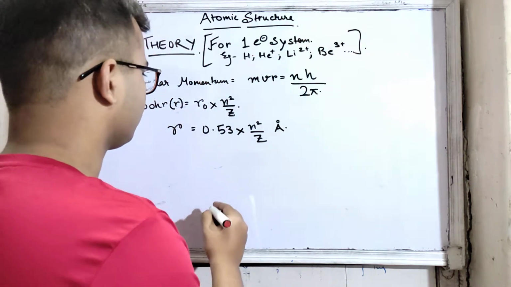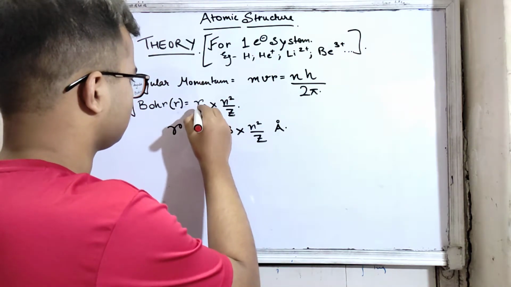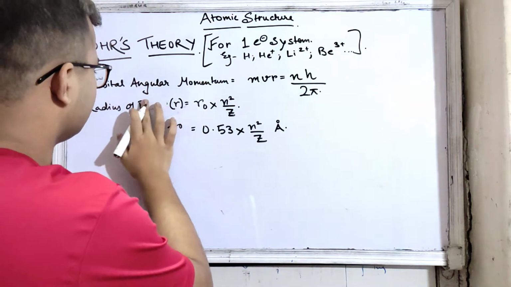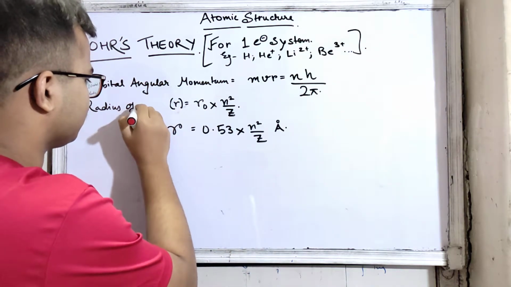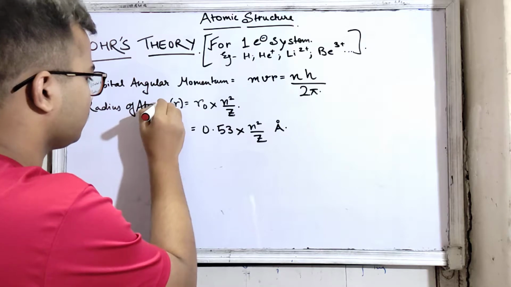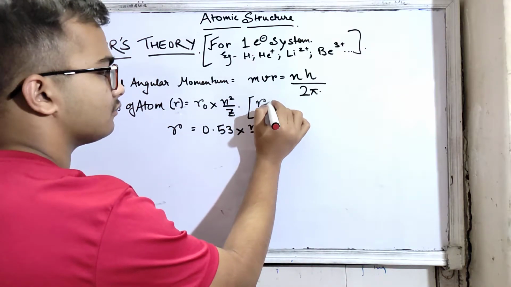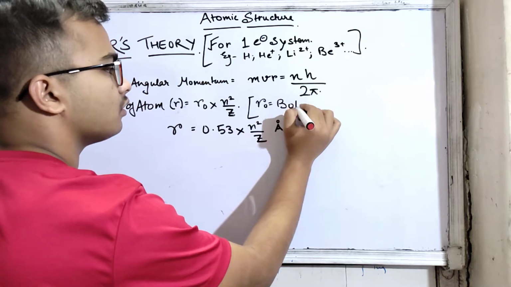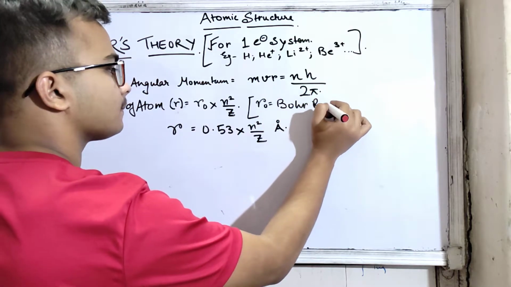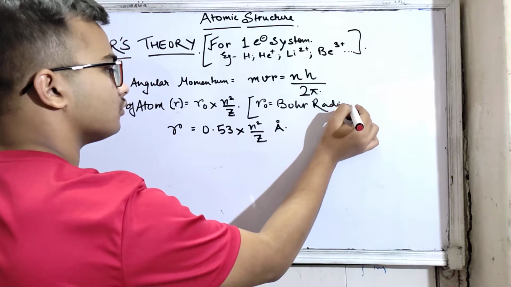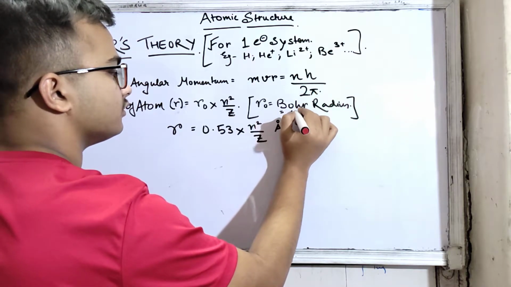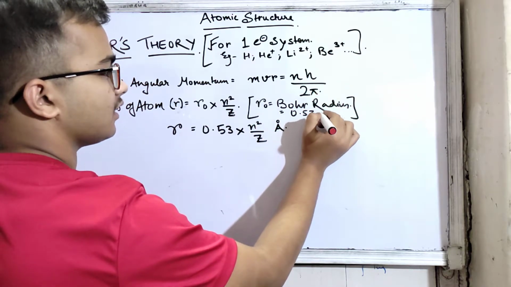And this r0 is not the radius of atom, it will be the radius of atom, I'm sorry. And this r0 equal to Bohr radius equal to 0.53 angstrom.